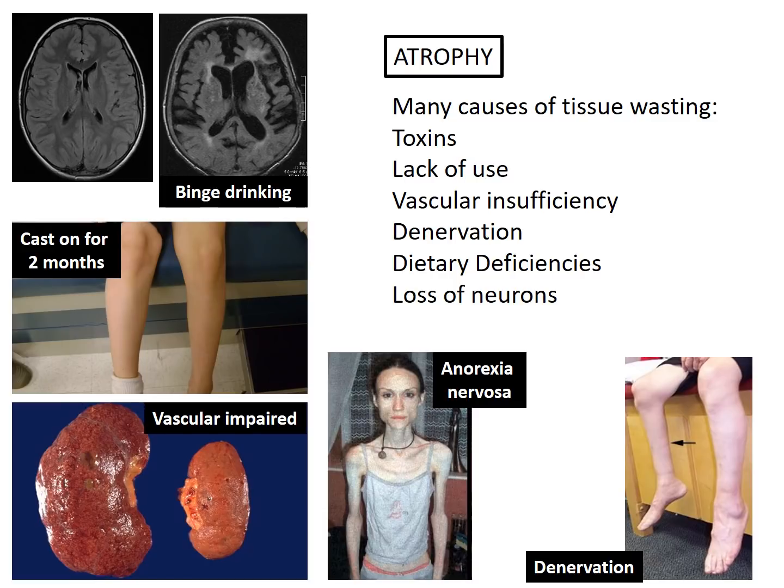And a lack of nervous system innervation can also lead to atrophy of tissue. You see this in individuals who have damaged nerves, spinal cord patients, individuals who've damaged peripheral nerves. We see that muscle atrophy away. So there are a lot of different causes of atrophy.